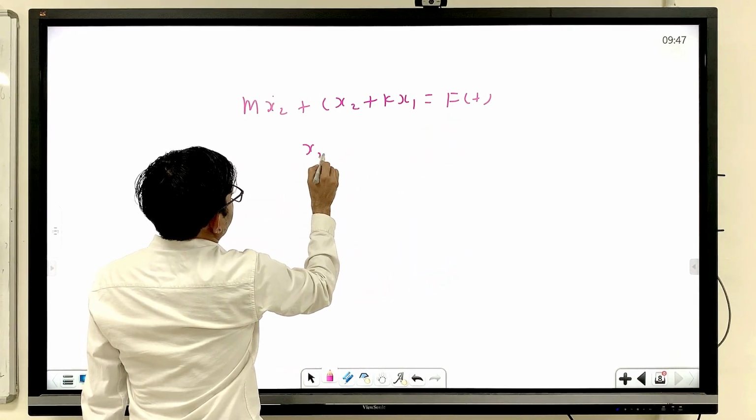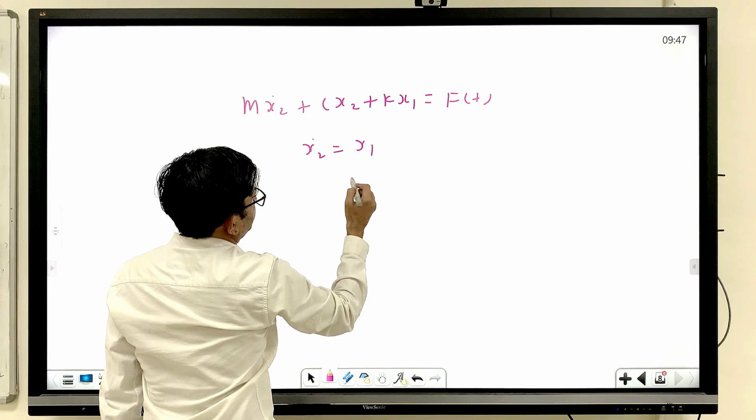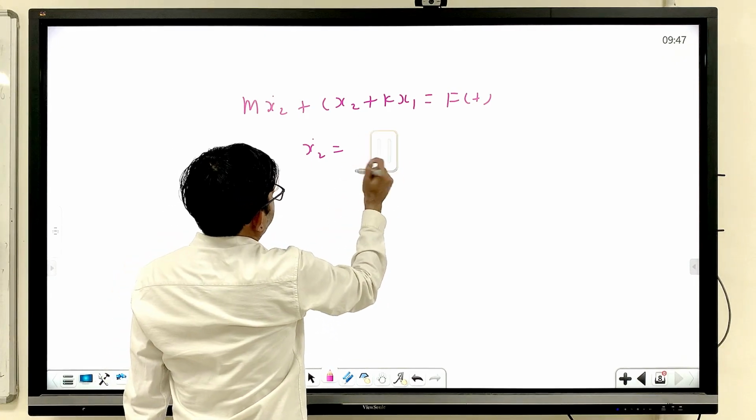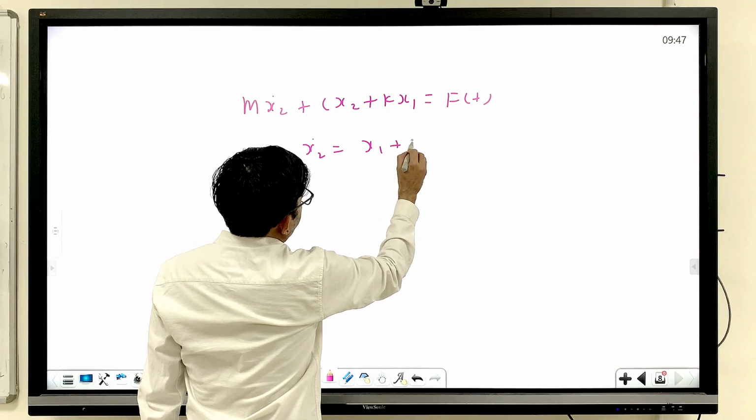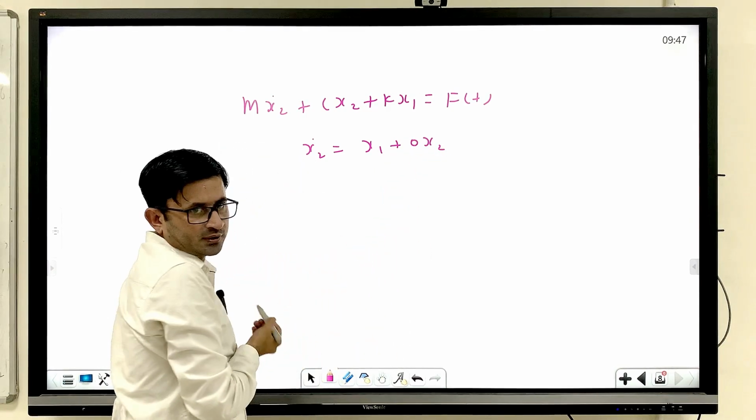And what is x1 dot? It is x2, so I can write x1 dot equal to 0 x1 plus 1 x2. This also I can write.